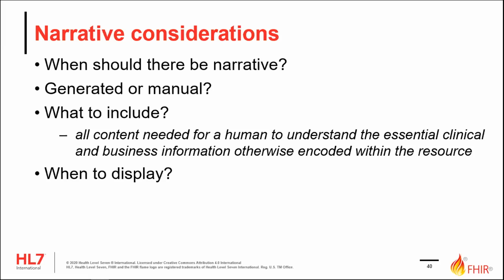And so you probably would show the breed in your narrative, whereas we don't typically show the breed in the narrative for human patients. So it is left up to you to figure out what to include. And you will need to talk to your user community, because they will not only care what's in the narrative, they will care what order it's in and what color it's in and what's bold and what's a list and what's a table and all of those wonderful things.